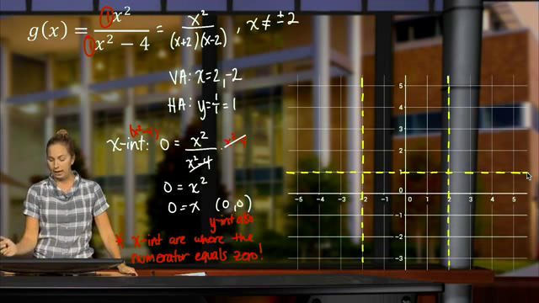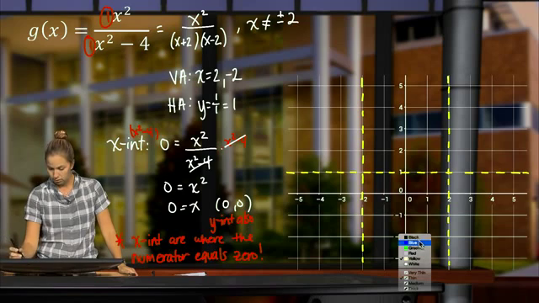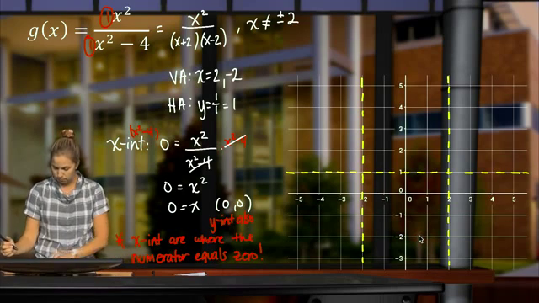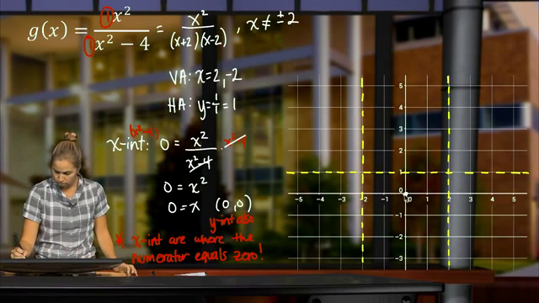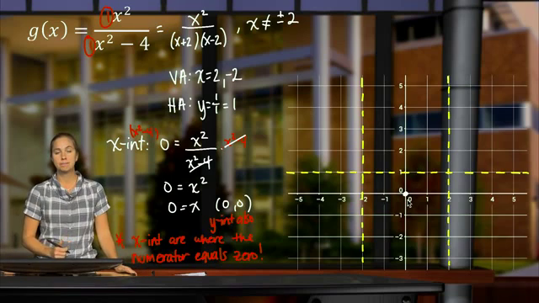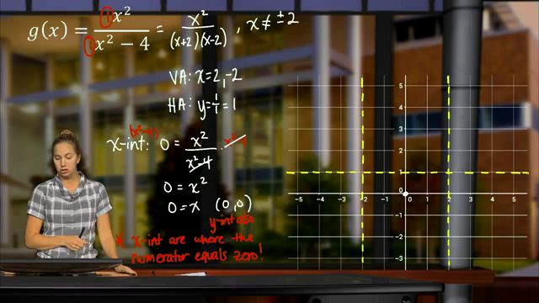Our x and y intercepts are at the origin. And now I need to find some other points so that I can graph my branches.